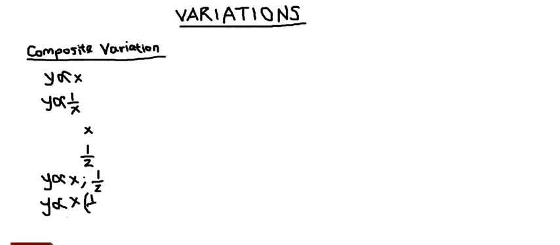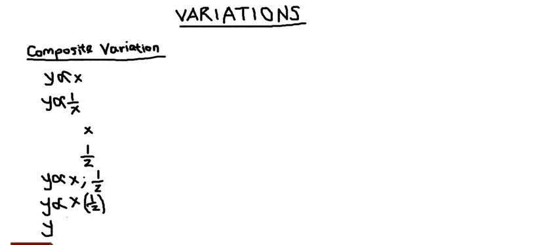So in short, we multiply the direct variation and the inverse variation when we are expressing combined variation.